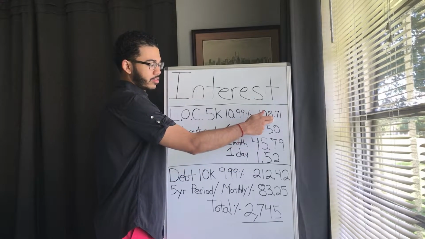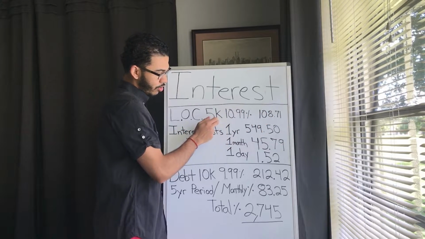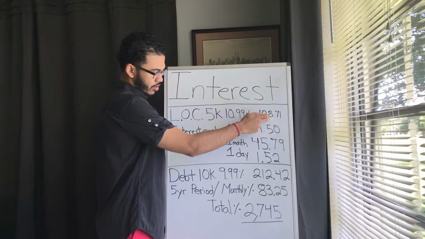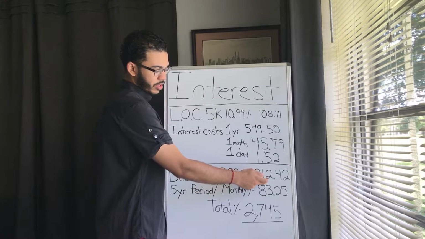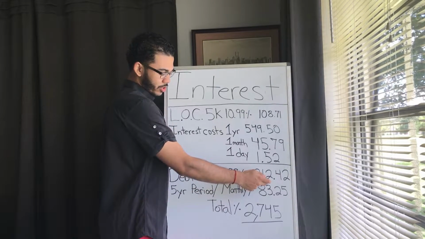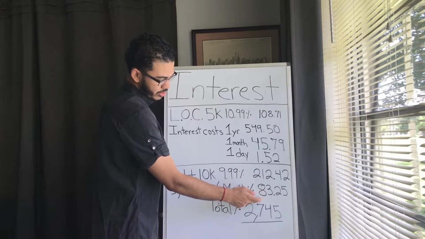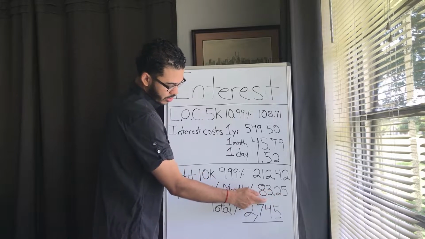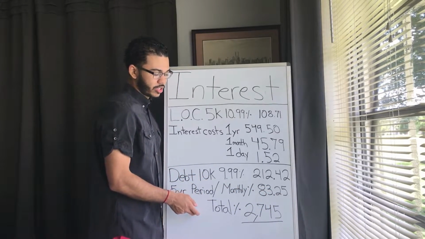This number right here, it would be the monthly payment if they were to owe this much, 5K. Same thing over here, 10K. Here's the monthly payment, $212.42. Here's the interest cost of borrowing money of 10K on an amortized loan.